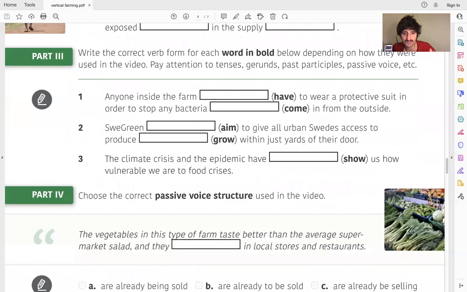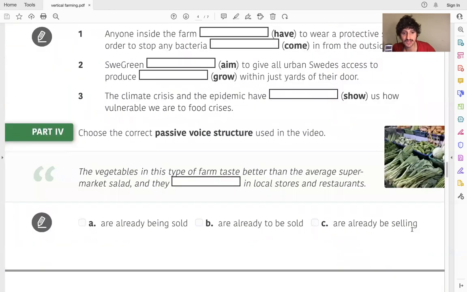Okay, perfect. So now here we have a little bit the passive voice. Okay, so here you already basically use the verb to be. Okay, and so for example, vegetables in this type of farm taste better than the average supermarket salad, and they are already being sold in local stores and restaurants.